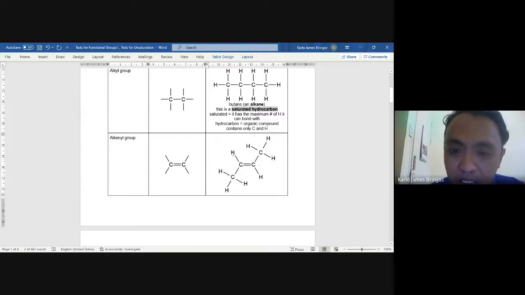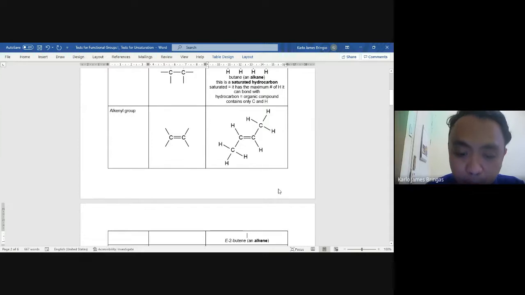Meron lamang siyang isang hydrogen na bonded niya with, and yung isang hydrogen na pwede niya sana makabond with, napunta to make the double bond. So the alkenes, this is an example of an unsaturated hydrocarbon.